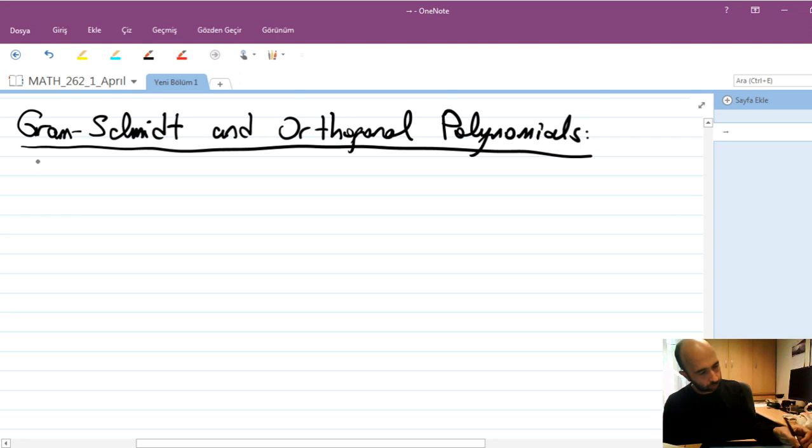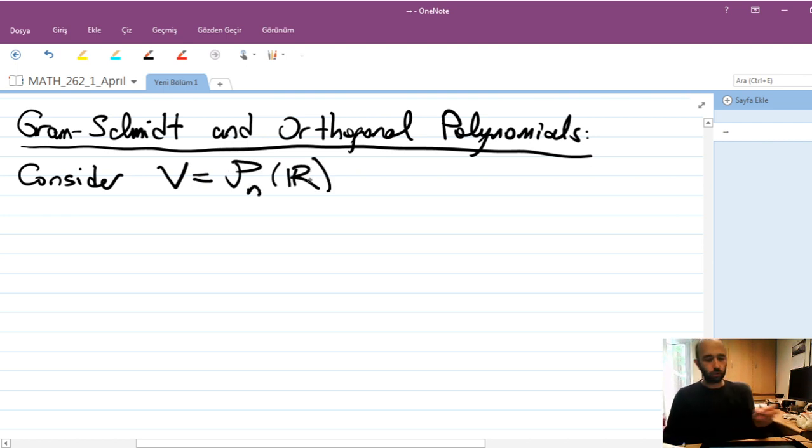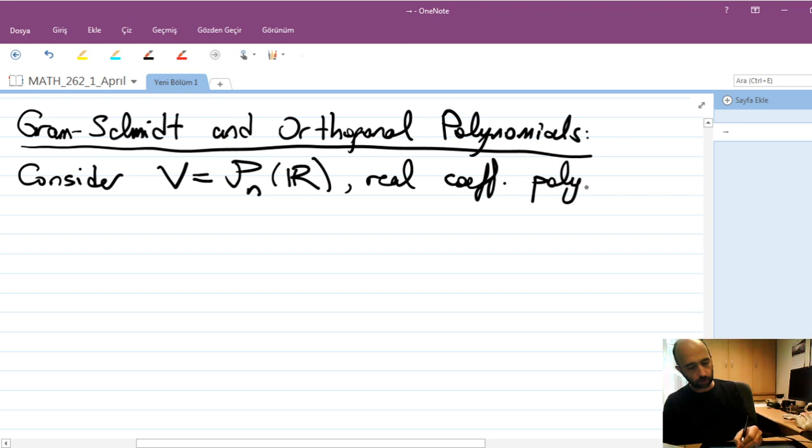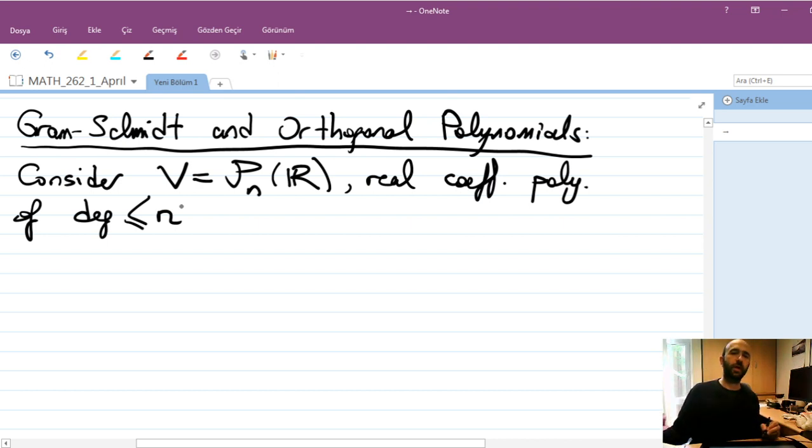Okay, so let's consider V equals P_n(R) specifically. So this is real coefficient polynomials of degree less than or equal to n. This is a finite dimensional vector space, as we all know. It's n plus 1 dimensional. And we can put various inner products on the space. That's the whole point.